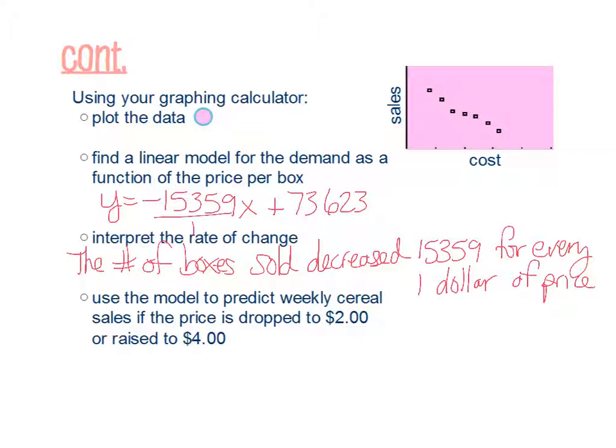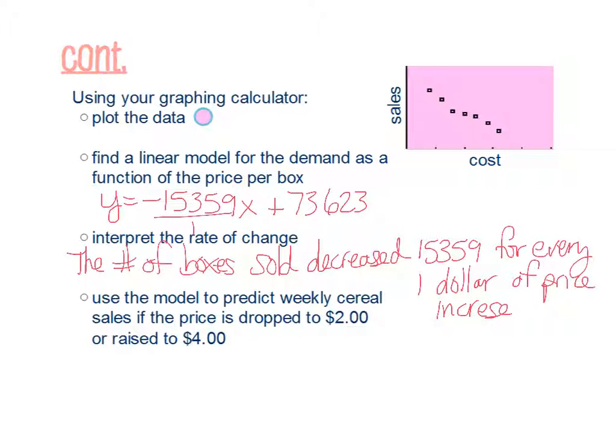Now I know that the table looks like it's going up by 20 cents, but your units are in dollars, so you have to kind of think about that. It's 15,000 down for every $1 of price increase.